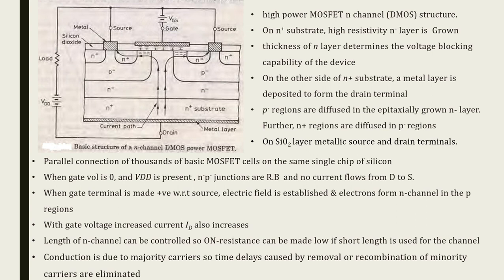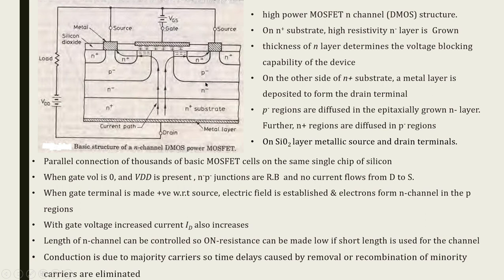Okay, so here an N plus substrate is there. N plus means heavily doped N substrate. On top of that, a lightly doped N minus higher resistivity layer is grown. The thickness of this N minus layer determines the voltage handling capacity of this device.